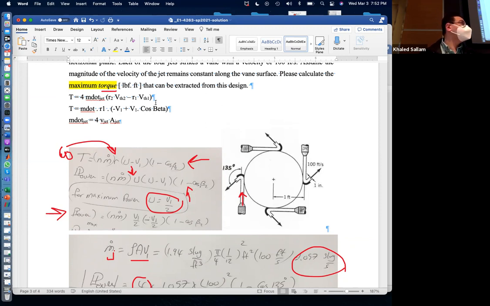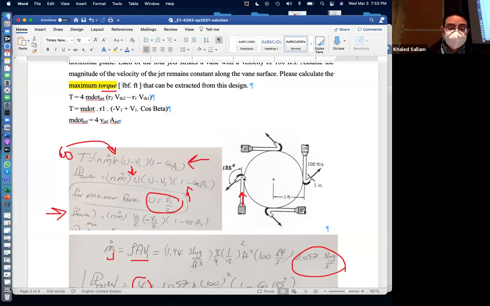That is the equation of the chapter. When you look here, this is 1 and this is 2, you realize that v theta 1 is v1, because v1 is all tangential. So that's why it's minus v1.